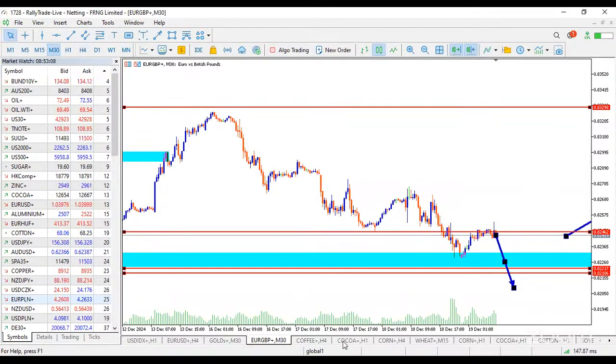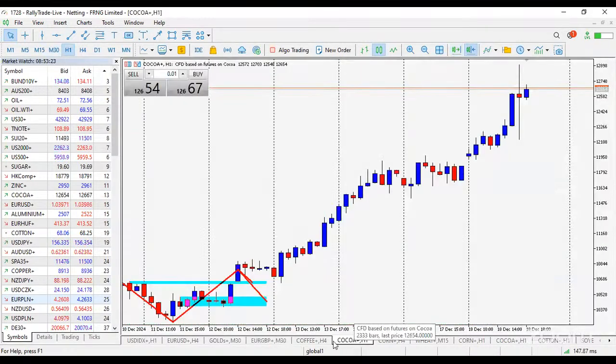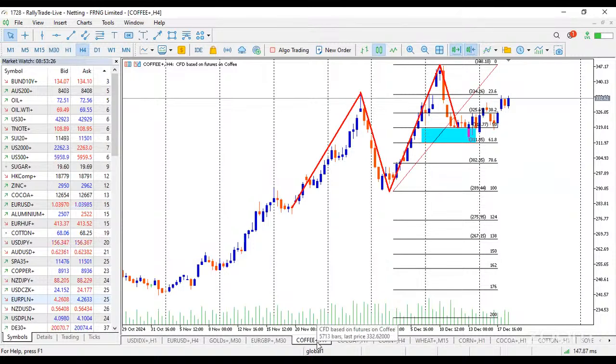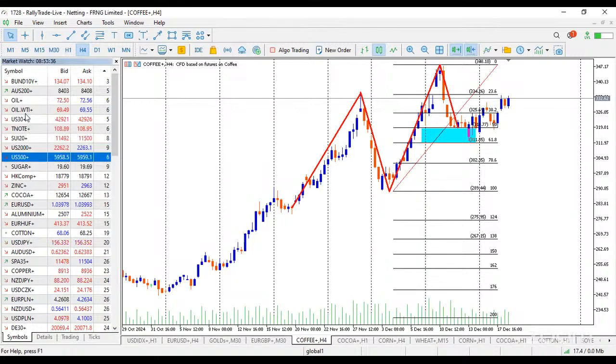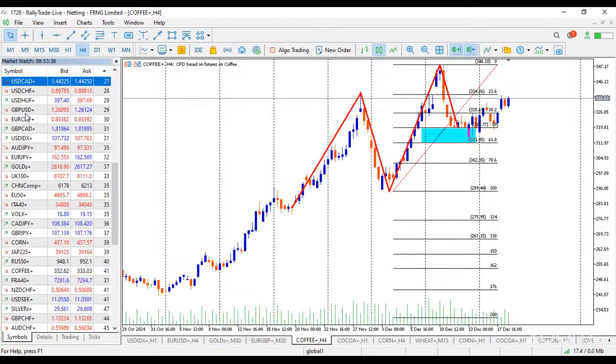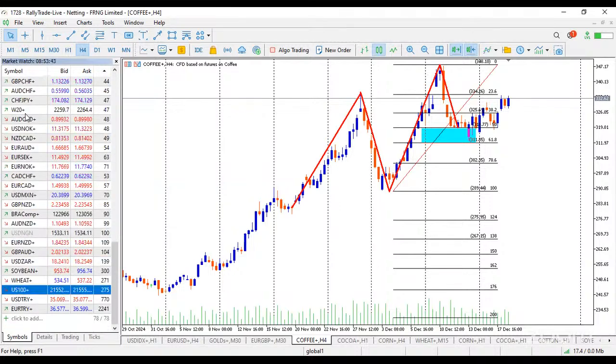So let me do US 100, the previous instrument, real quick. So we saw a very good retrace movement downward on US 100.